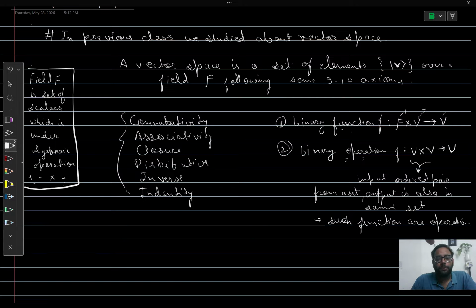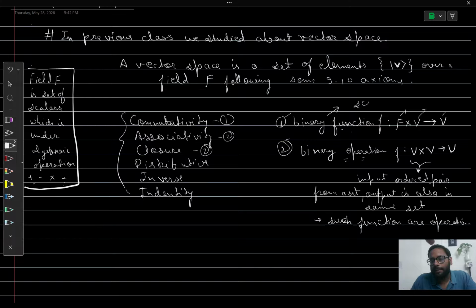Of course, for commutativity there is only one axiom. For associativity there are two axioms, one for the operation and one for the function. And what is that binary function?